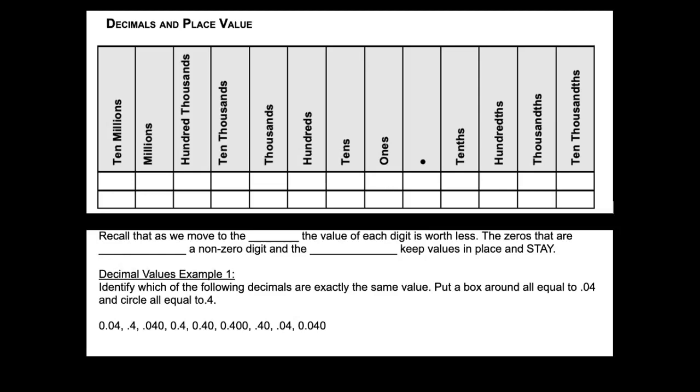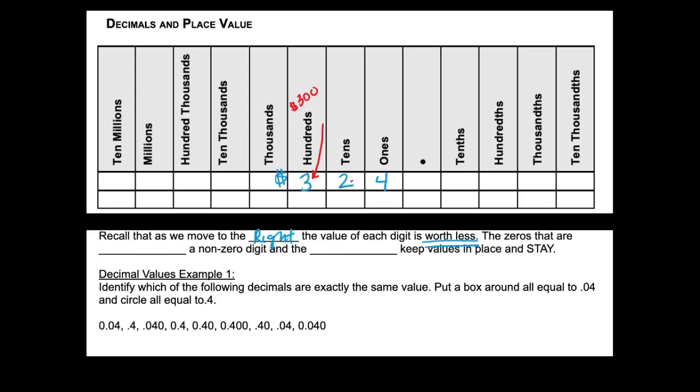So let's consider a number. Let's consider the number 324, and we can even say $324. As we move to the right of this number, the value of each digit is worth less. Let me explain what I mean. The 3 here represents 300, so that really represents $300 since it's in that place.